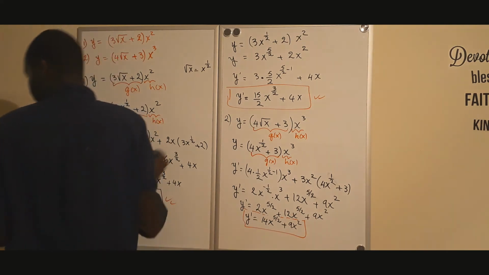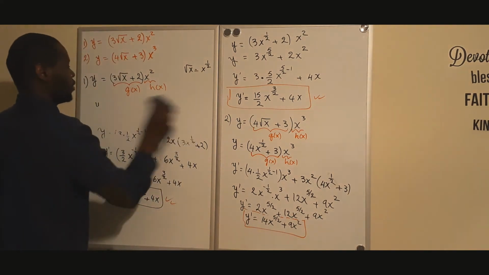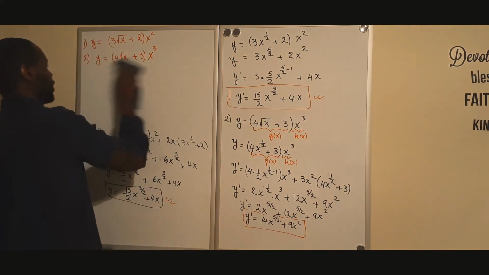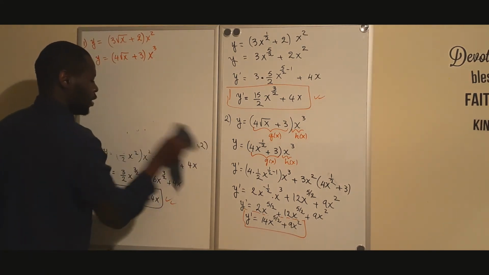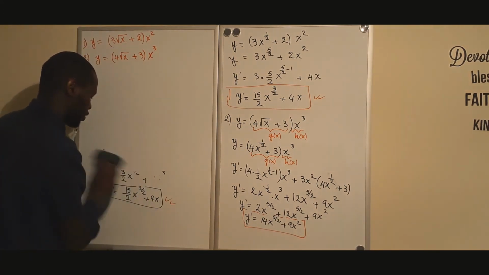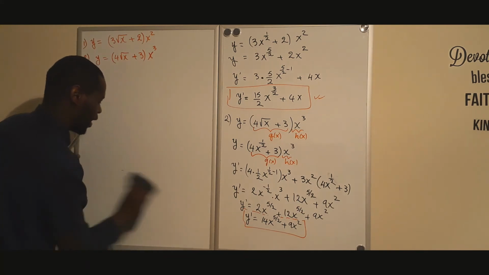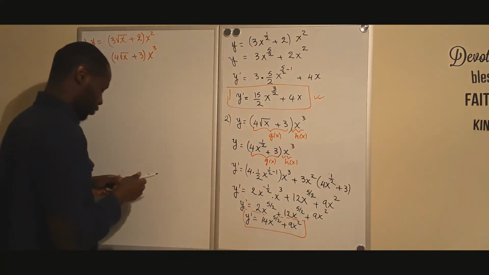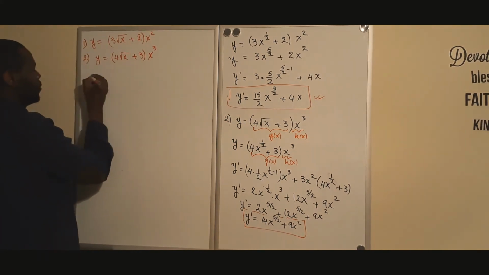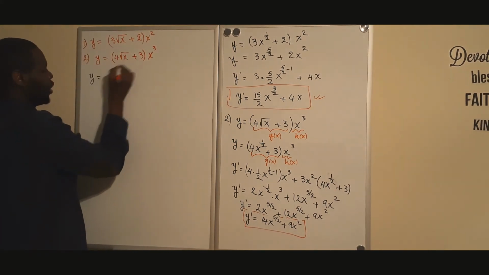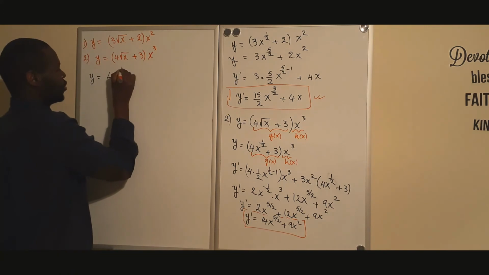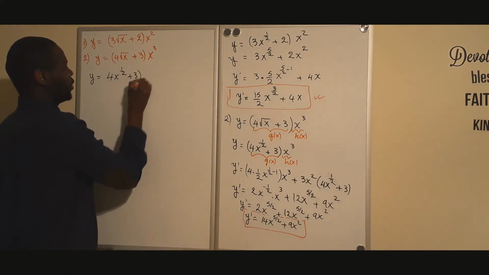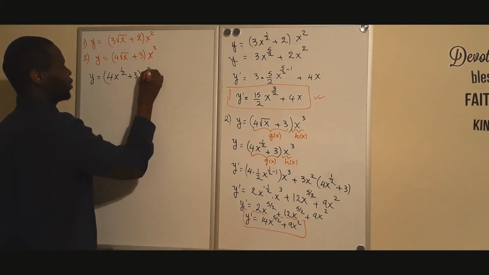Okay, so let's go ahead and distribute the expression and see if our answers will match. Again, I will rewrite this as x to the 1/2 plus 3 times x cubed.